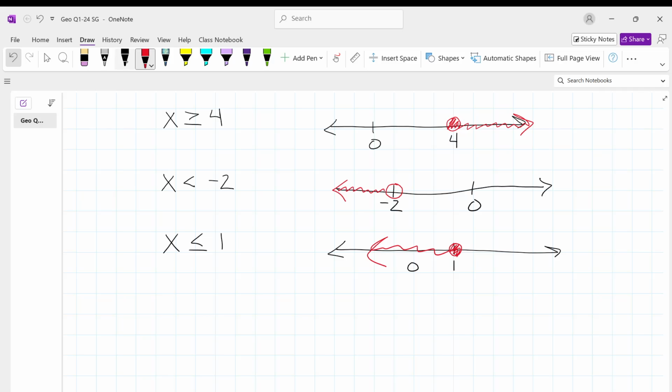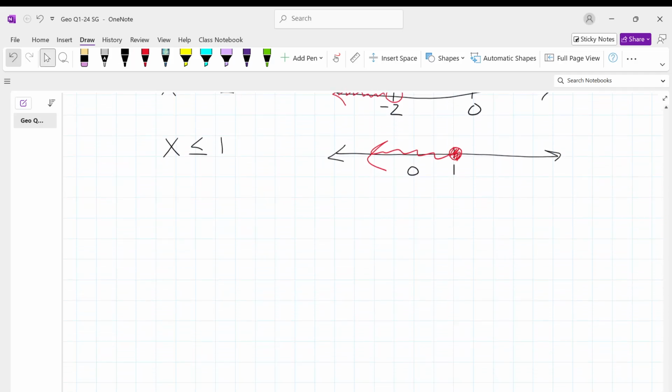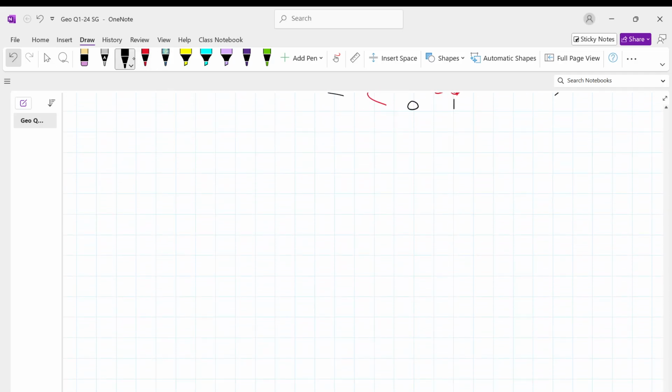So, solving these inequalities. So let's solve and graph.